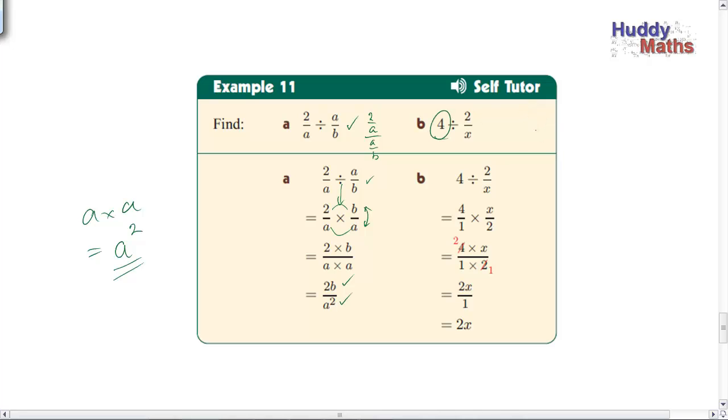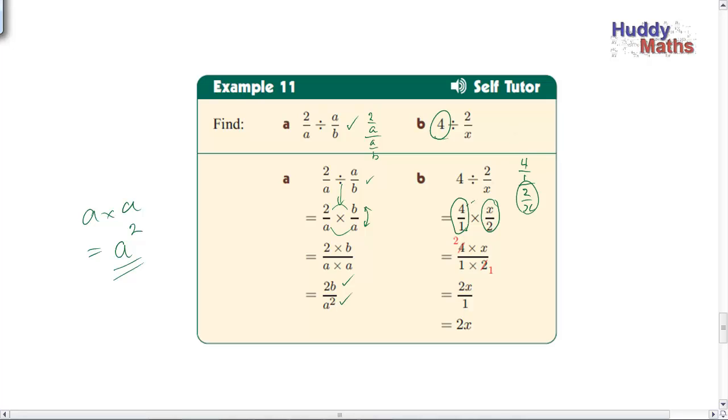4. I don't like 4. Not in fraction land. 4 has got to be written as 4 over 1. So now it's 4 over 1 divided by 2 over x. And I'd like to go into that little intermediate step there. If I'm dividing by a fraction, I'm going to multiply by the fraction turned upside down, the reciprocal.